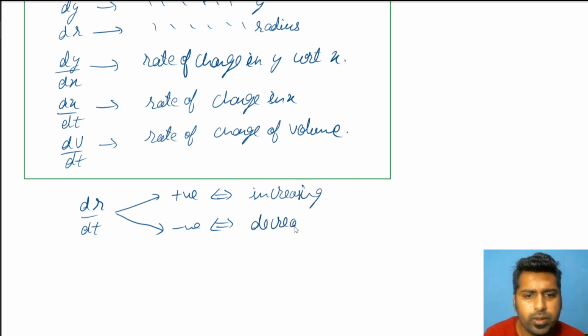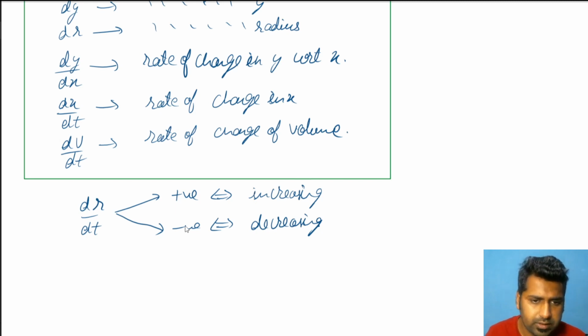While solving a question, suppose you got your dr by dt as negative, what does that imply? That the radius is actually decreasing. Second thing, if the question says that the radius is decreasing at 10 meter per second, the question will give you only the magnitude, but you yourself have to apply dr by dt as minus 10.